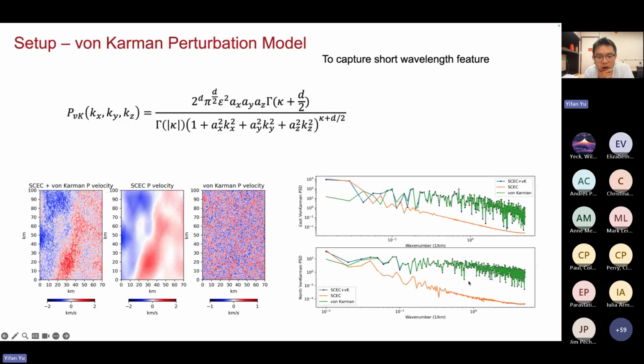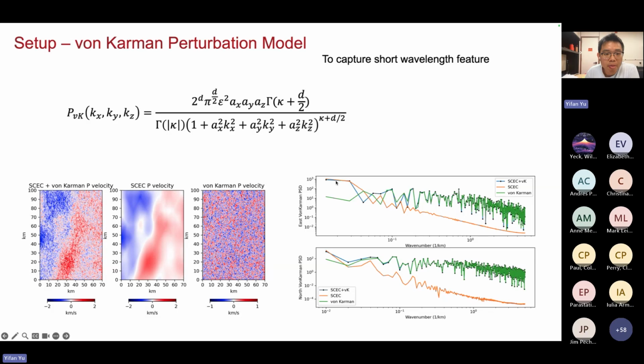Speaking of the von Karman perturbation model, the goal is to capture some short wavelength features, because as I said, the community velocity model is limited, as you can clearly see from this figure. The SCEC, the orange line, is from the community velocity model. This is the power spectrum of the velocity model.